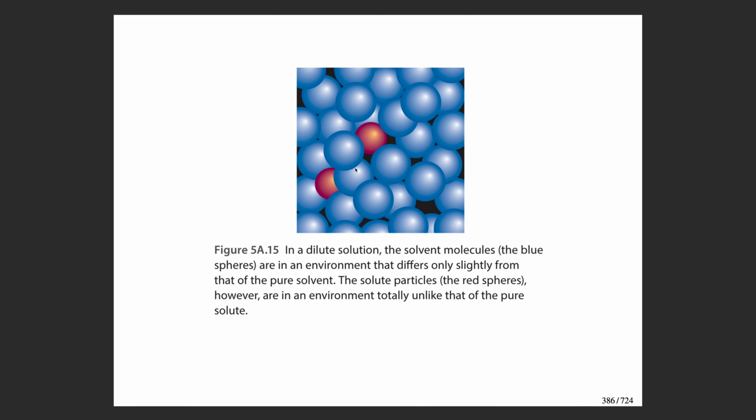An explanation. In the ideal dilute limit, solvent molecules are basically interacting with other solvent molecules, and that's represented by these blue spheres here. However, the solute is in a completely different environment than it would be if it were pure solute.